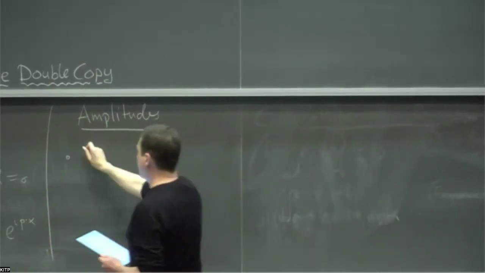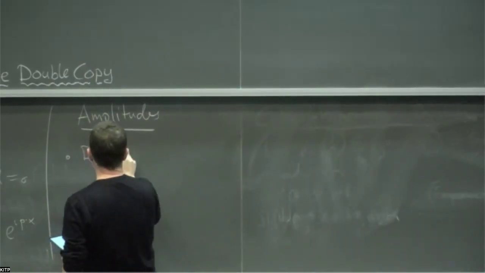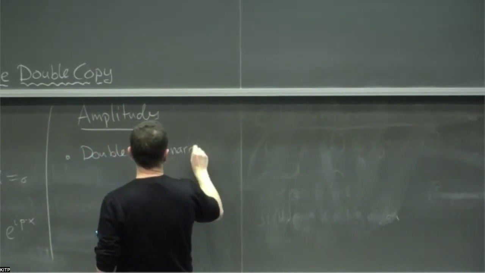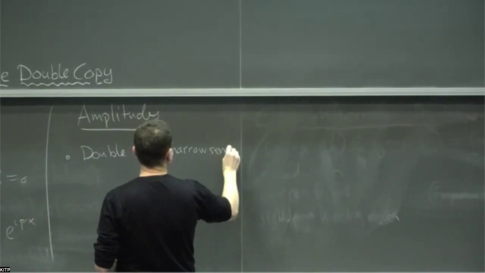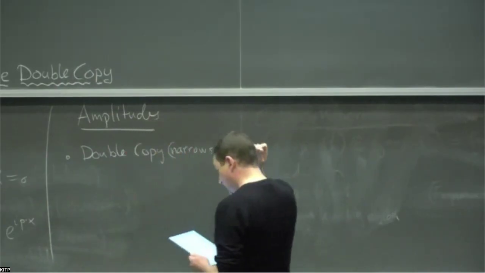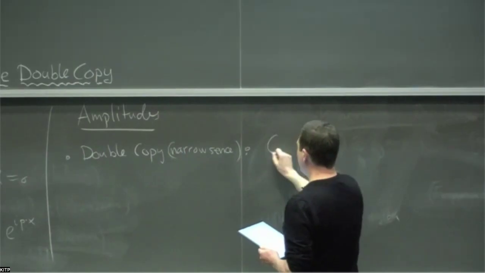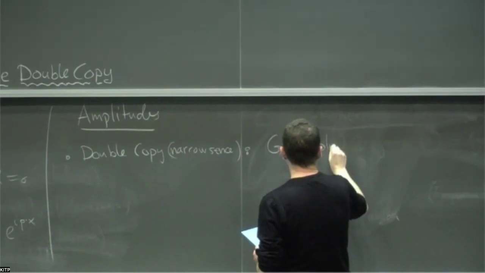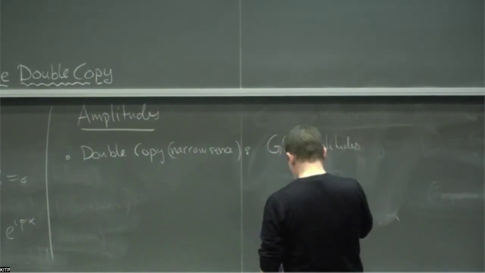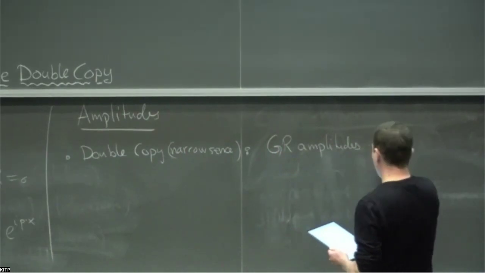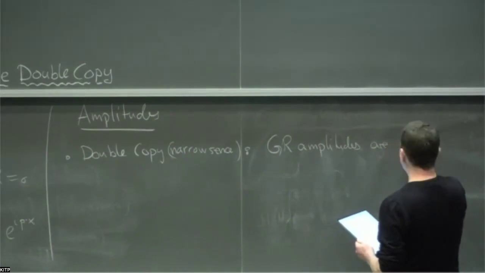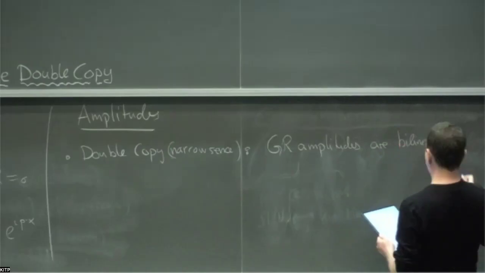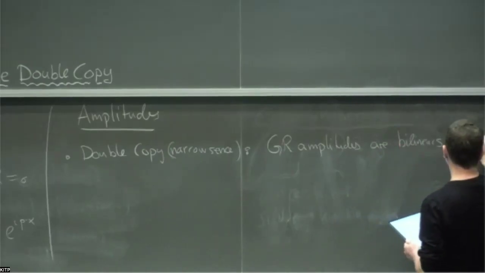The double copy in a narrow sense is essentially just the statement that you can obtain GR amplitudes, well, GR amplitudes are bilinears of the Yang-Mills amplitudes.